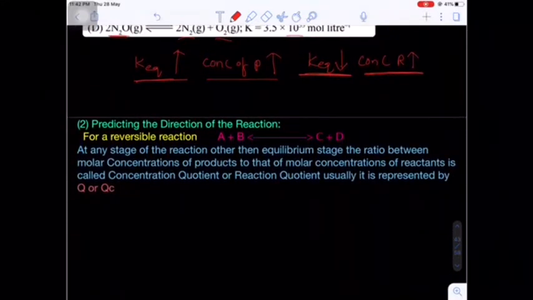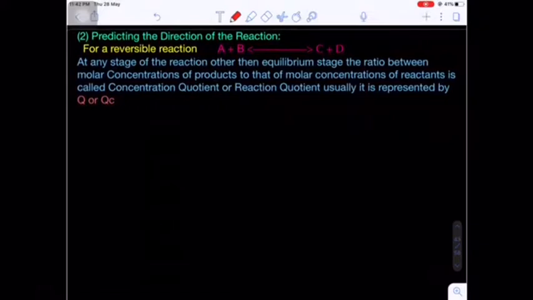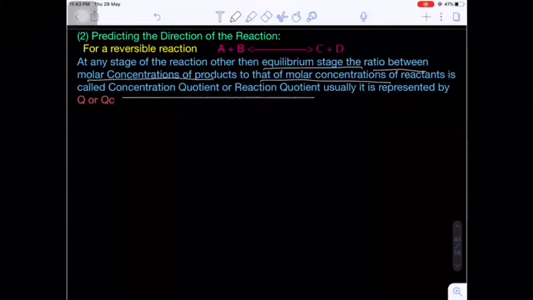Okay. Now come to the second application, that is predicting the direction of the reaction. This is very important. Let's suppose I have one equation, A plus B equilibrium to give C plus D. At any stage of the reaction other than the equilibrium stage, the ratio between the molar concentration of the products to that of the reactants is known as the reaction quotient, usually represented by Qc.